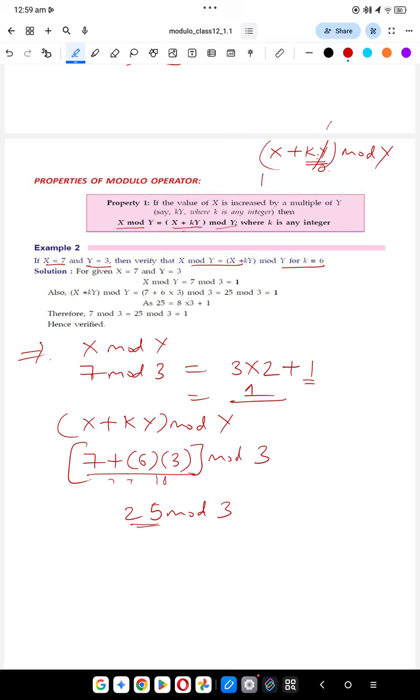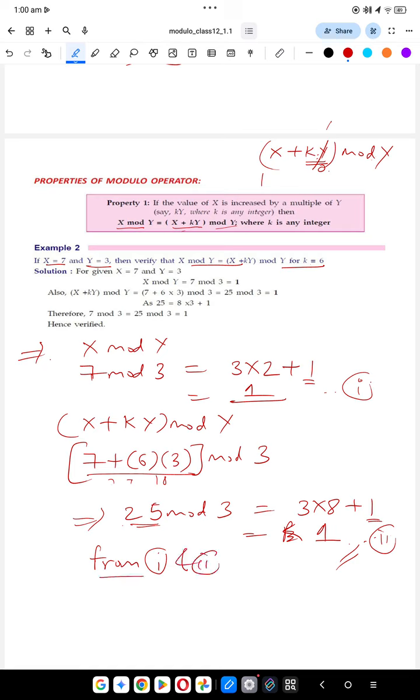Since this is positive, the very next number which is less than 25 and a multiple of 3 is 3 into 8, 24, plus 1, 25. So our remainder will be 1. So this was our first expression, this was our second, from 1 and 2, verified.